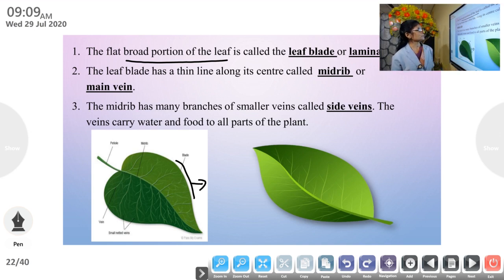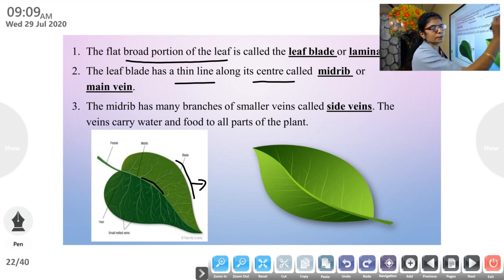Then, what is main vein? The leaf blade has a thin line along its center, called midrib or main vein.